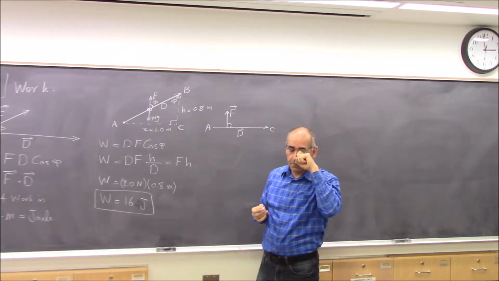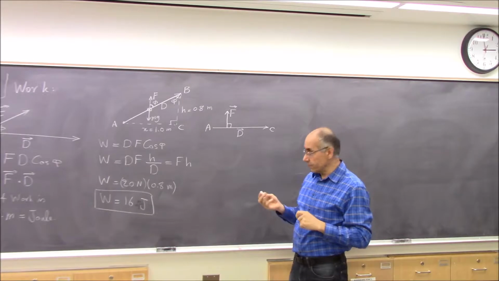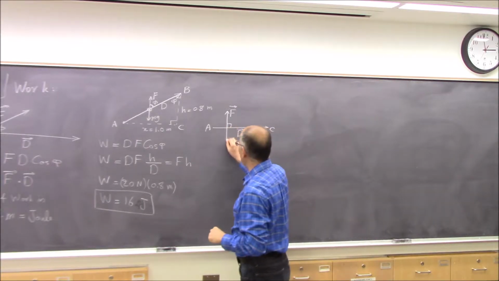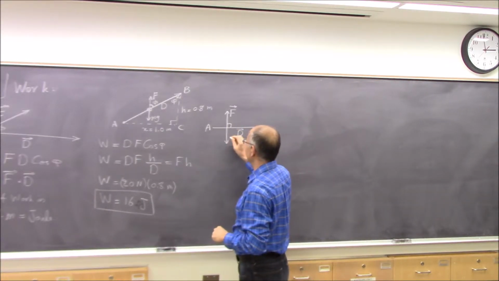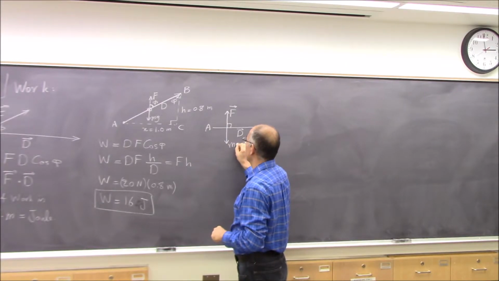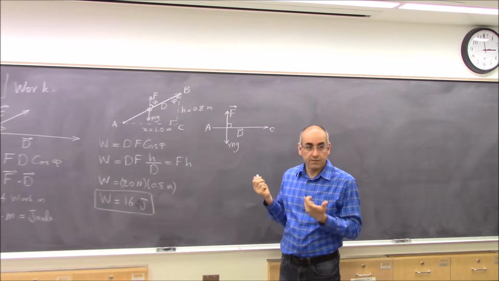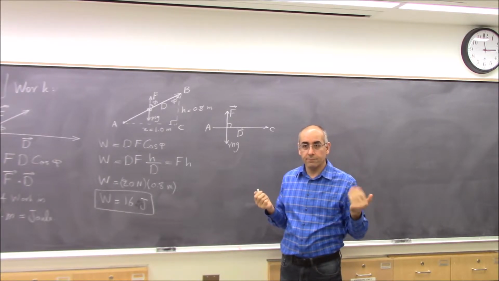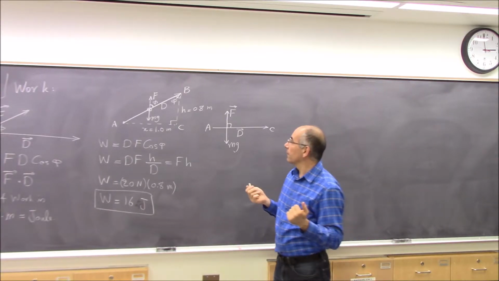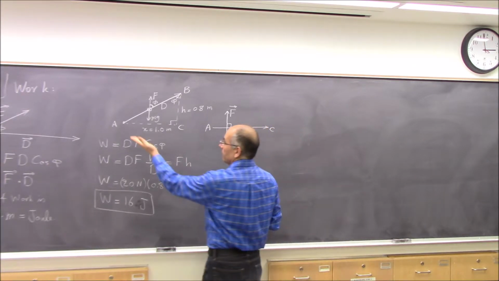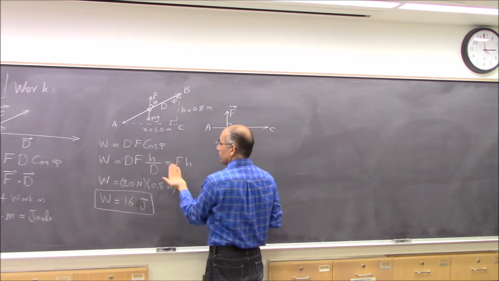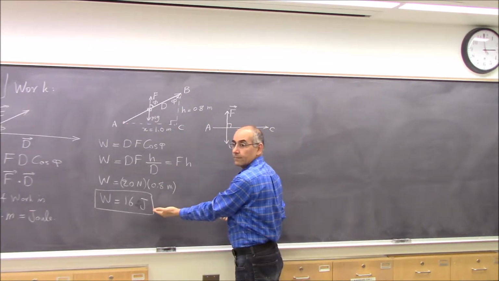The force is vertical because of gravity, right? Gravity is pushing it downward. In order for me to hold it, I have to push directly upward. And there's no acceleration because it's going at equilibrium, right? So if you're going this way and then this way, the work will be the same.